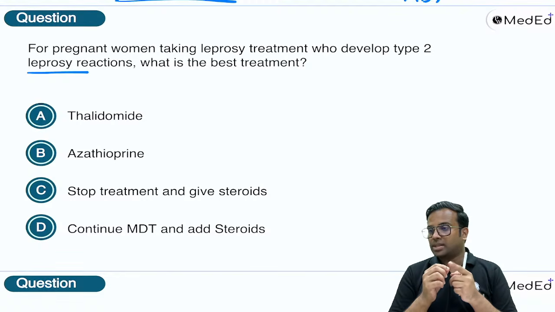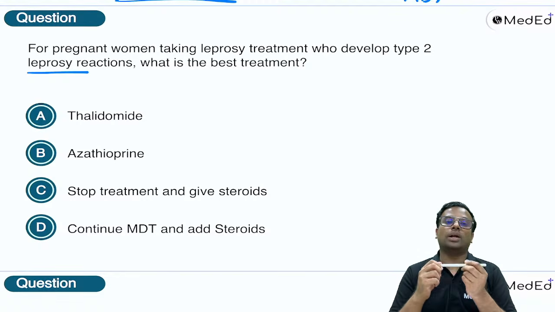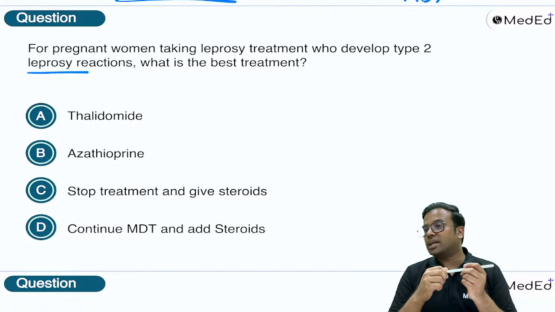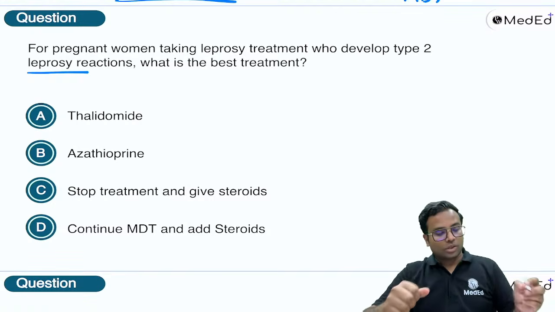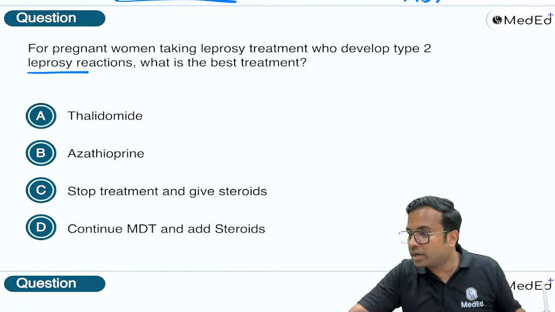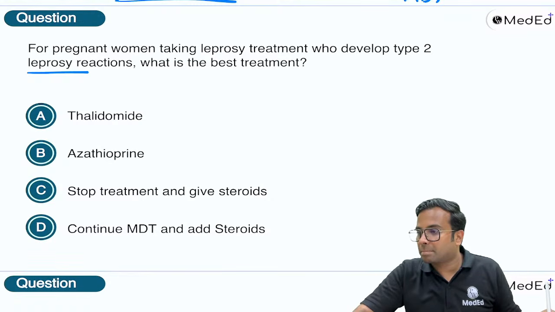So Petals and Places says D, continue multi-drug therapy and add steroids, right? So do all of you agree? Yes. So Sanya is also answering it as D. Yes.